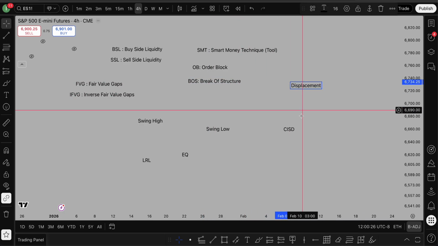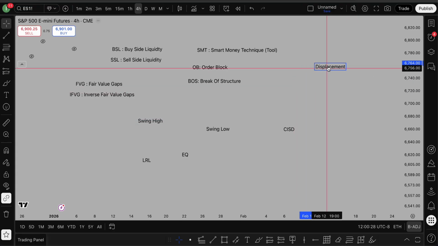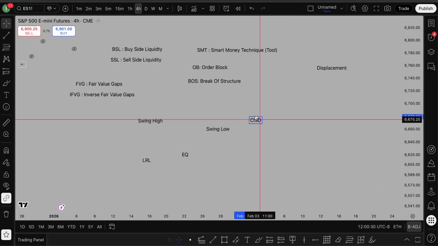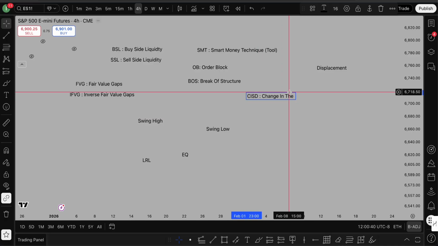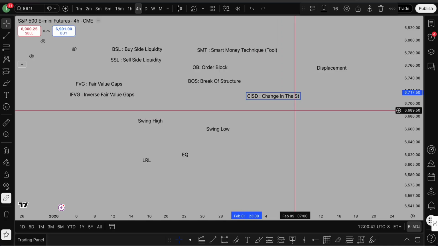Displacement is just a topic we'll get into in a little bit. There is no acronym for that. If you see CISD, this stands for a change in the state of delivery.